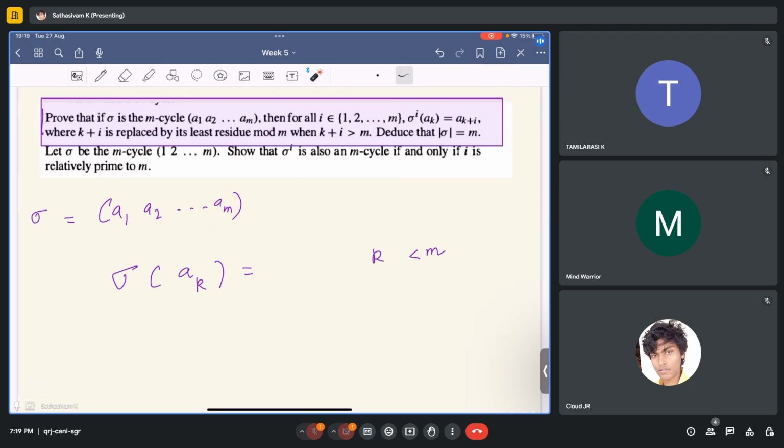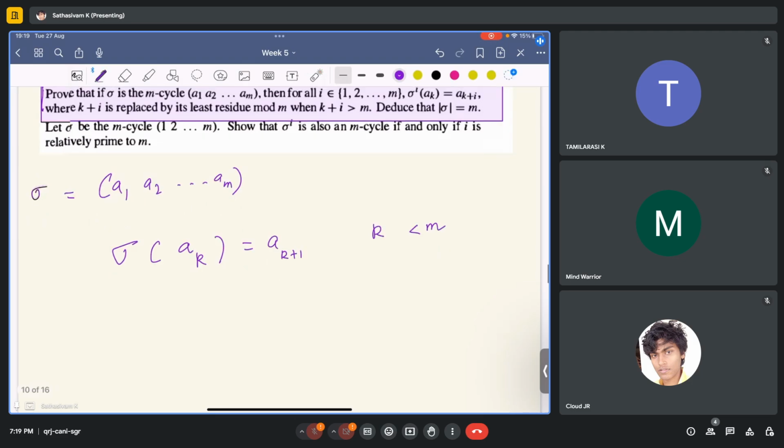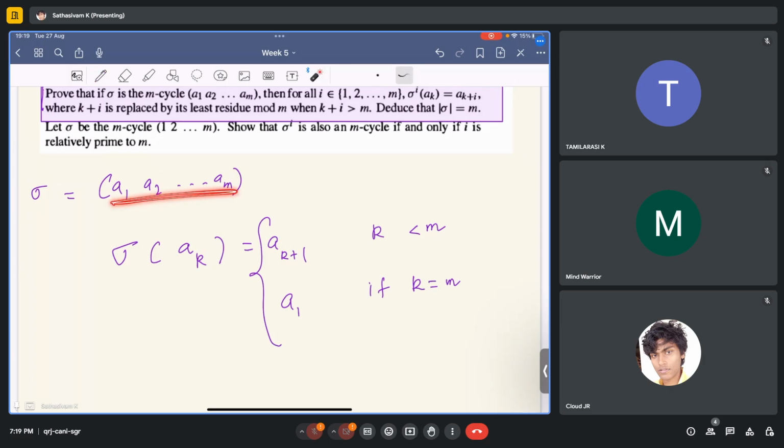Then it goes to a(k+1), right? If 1 is there, it goes to 2, 2 goes to 3, because that is how this happens. I have to write it properly. It's equal to a1 if k equals m. This is what this sigma will do. So if you have m, it maps to 1. Otherwise, it just goes one step forward.